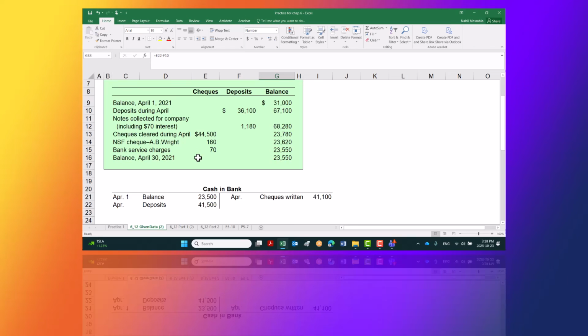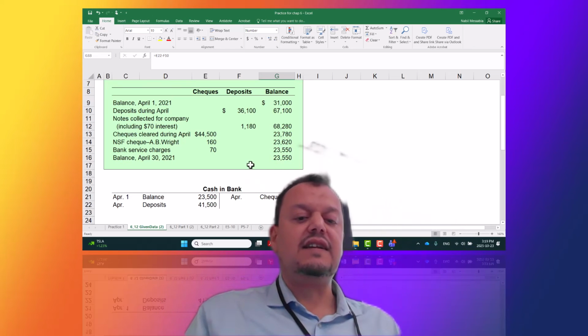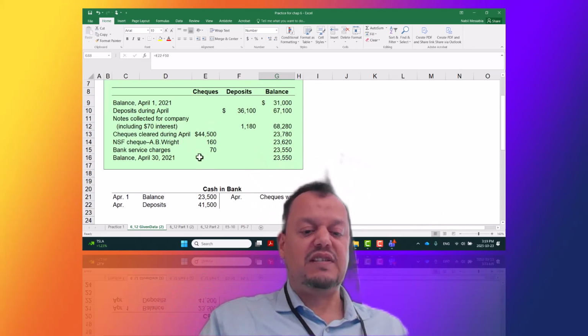The bank has collected for our benefit 1,180, and that note is not counted in our books. So this is a reconciliation item that has created the discrepancy, because we don't know that we have collected this amount until we receive the bank statement.